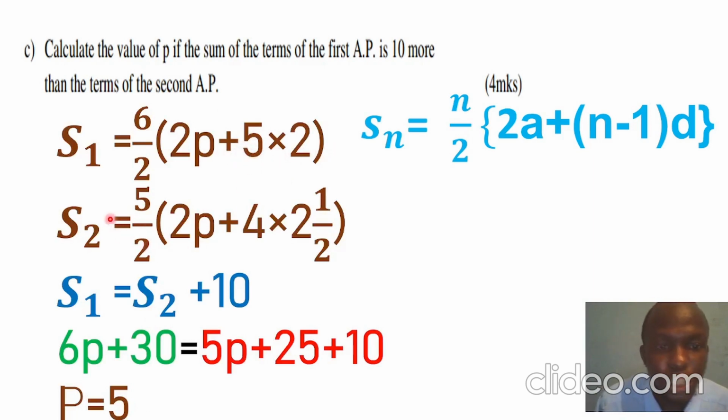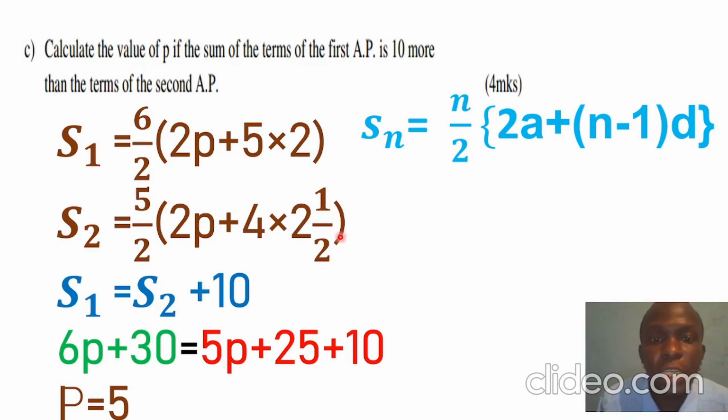The second expression is the expression for the second arithmetic progression. We have substituted 5 where we have N, and the value of A still remains P, and because this N is 5, 5 minus 1, we get 4, and the value of D is 2.5. Now from the question, S1, which is the first AP, is equal to the second AP plus 10.